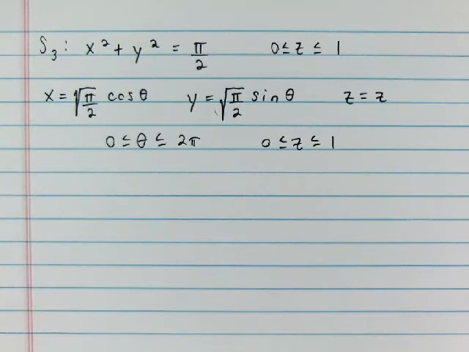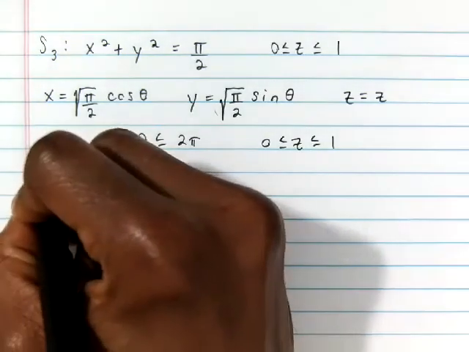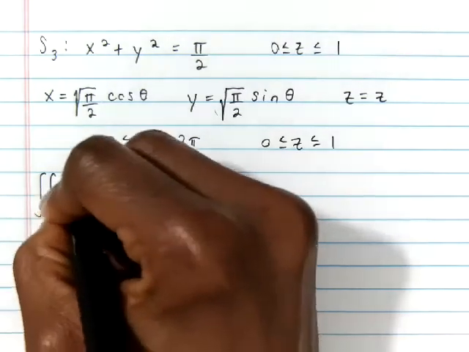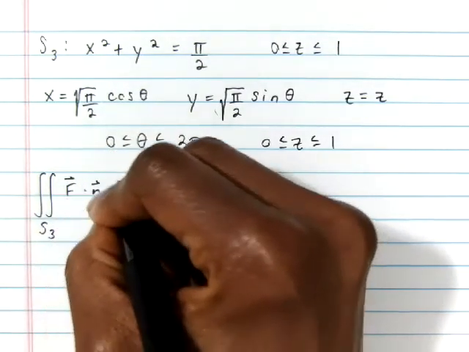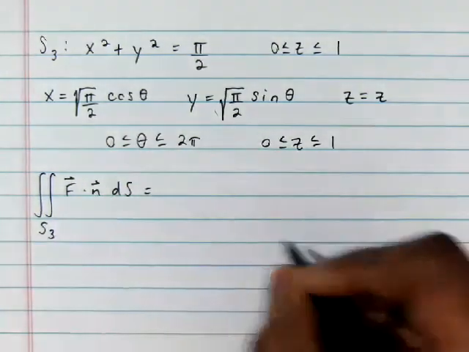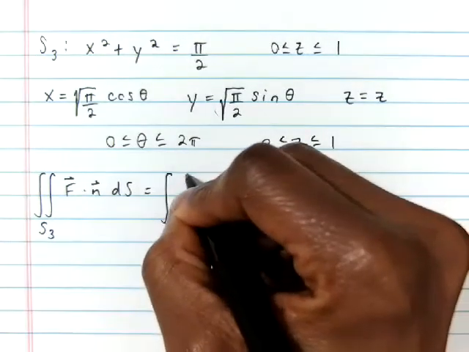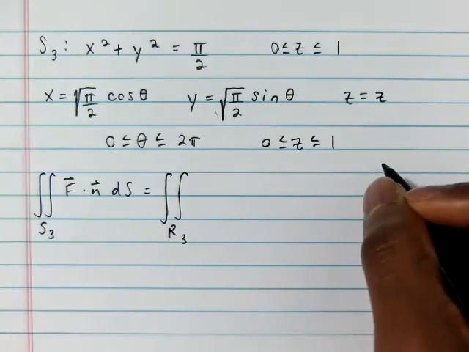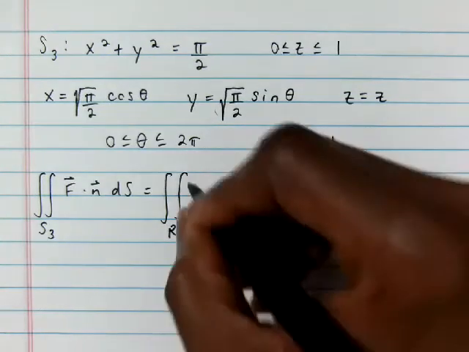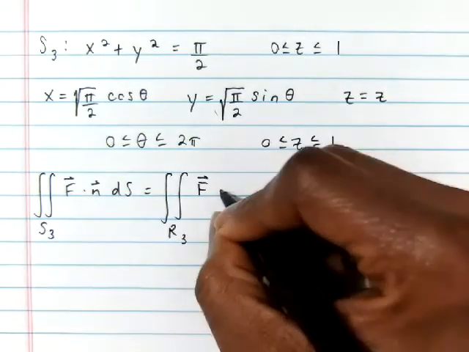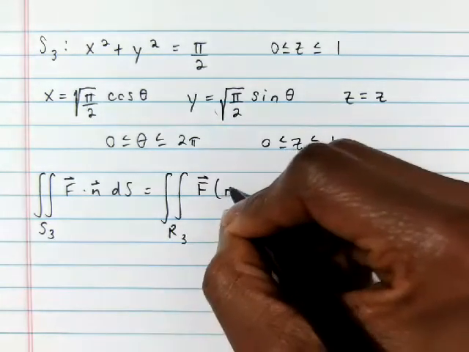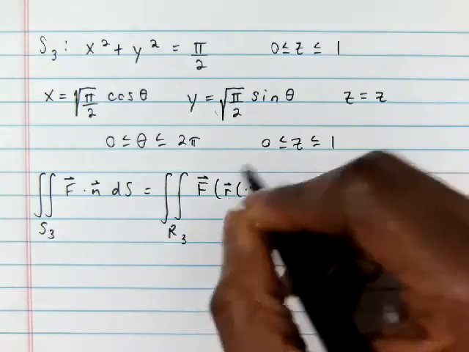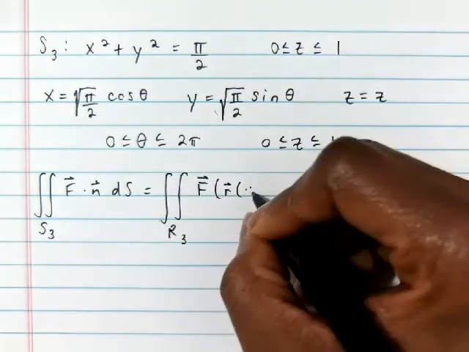So now, in this scenario, our surface integral over S3 of F dot n dS equals the double integral over R3. So now I'm just going to write down the formula that we originally had of the vector field F evaluated at, for us, our R, which is a function of theta and z.